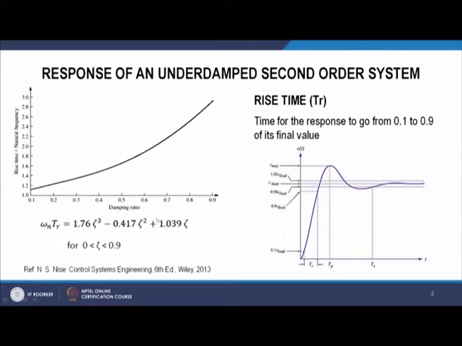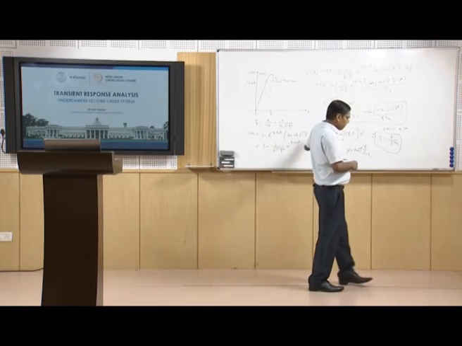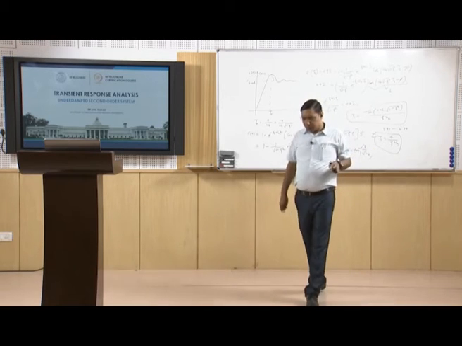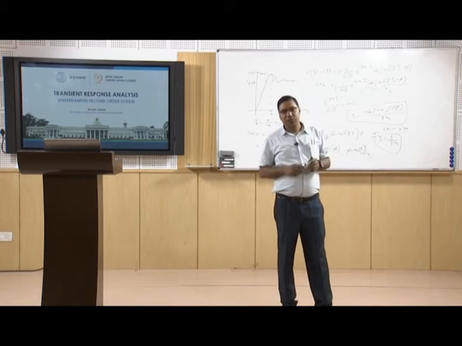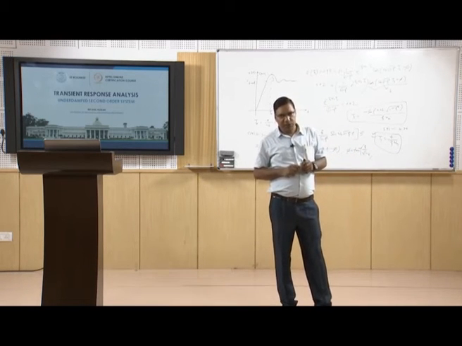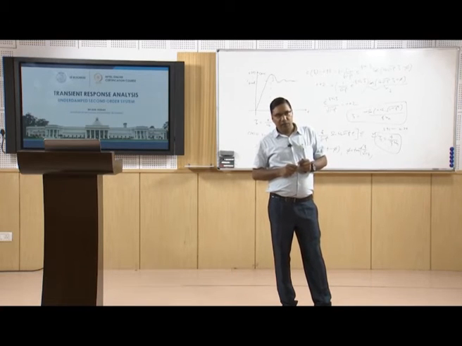So if we know the damping and frequency, we can calculate the rise time for the system. So we understand that for an underdamped second order system, we have 4 characteristics that characterize the response of the system.